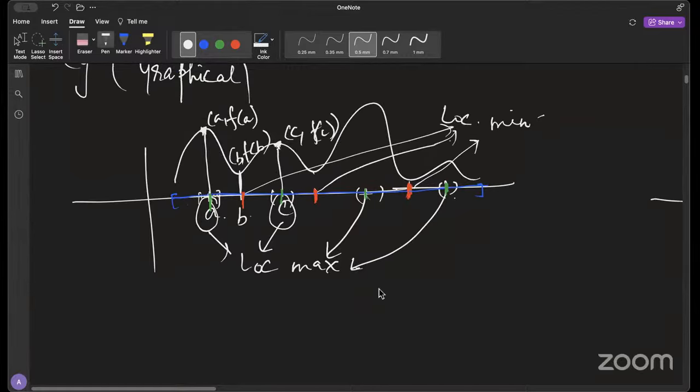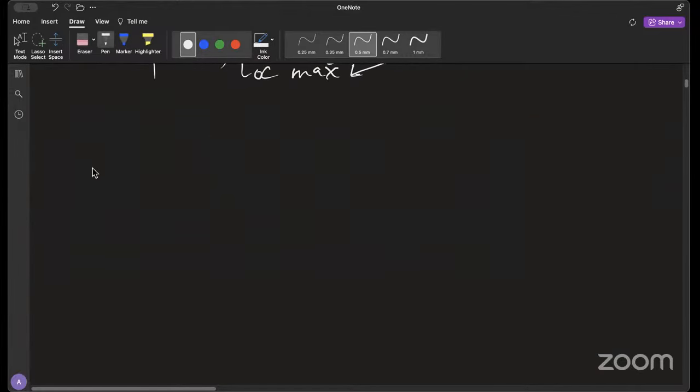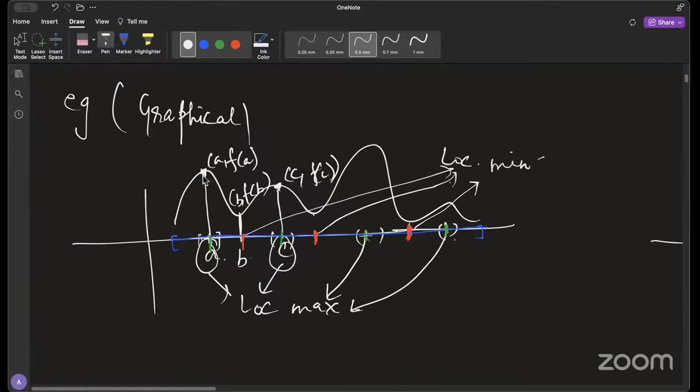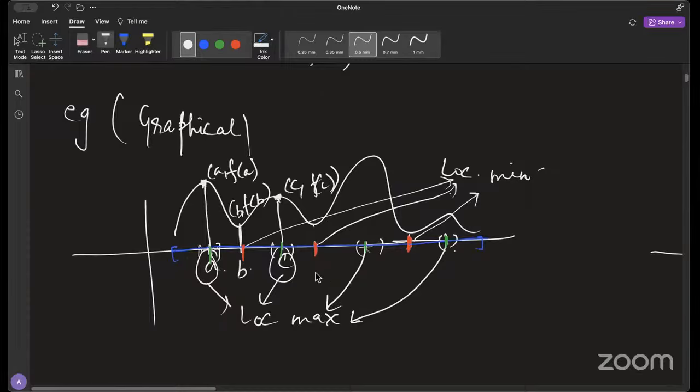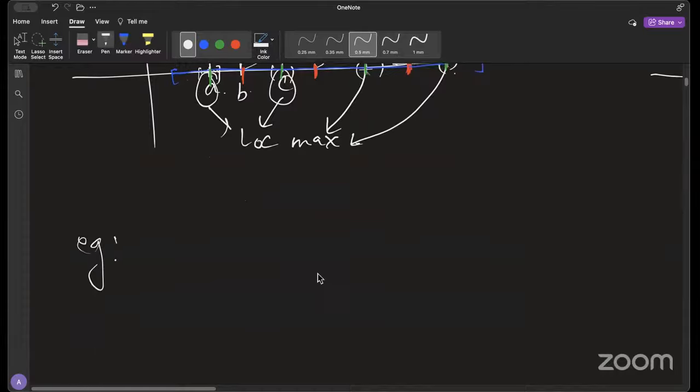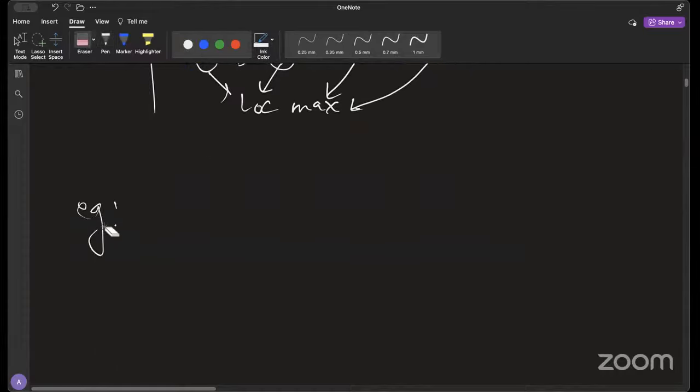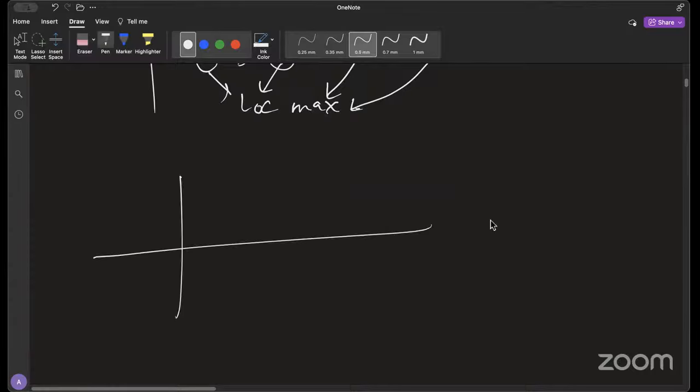I have a question, ma'am. If I have a one-one function, then I might not have the maxima or minima, right? Because a one-one function is either decreasing or increasing. Well, one-one functions are not necessarily either increasing or decreasing.